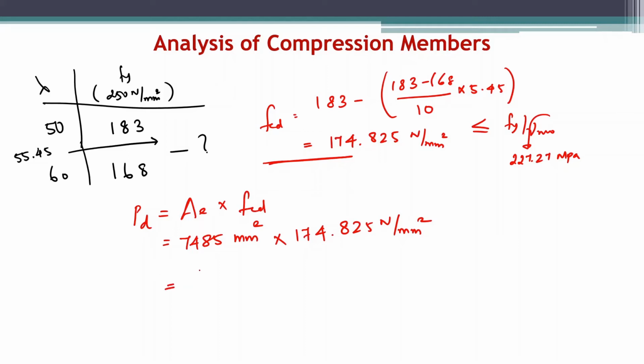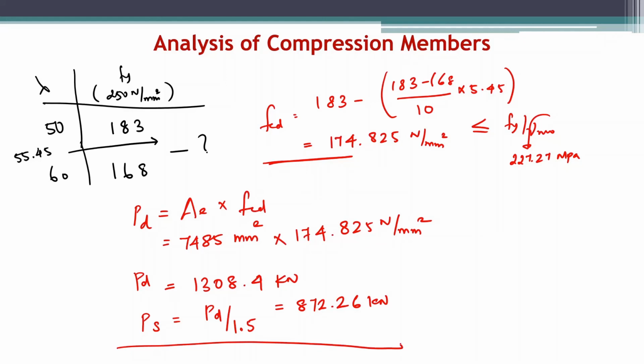So the design compressive strength I am getting is 1308.4 kilonewton. If you want, you can even calculate the safe load. Safe load is the design compressive load upon load factor, which is 872.26 kilonewton. Now this is the design and the safe compressive load of the given compression member. Thank you.